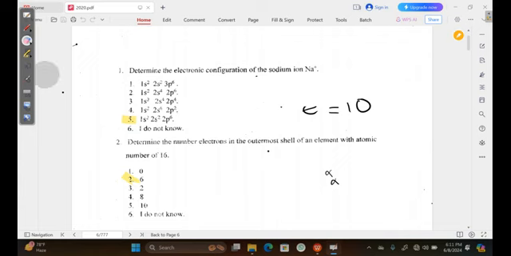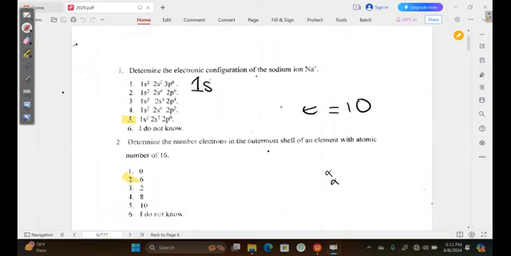What else do we need? So to write the electronic configuration, we need to follow the rules where we have the numbers representing the number of shells and the letters representing the orbitals. So we have the 1s orbital.